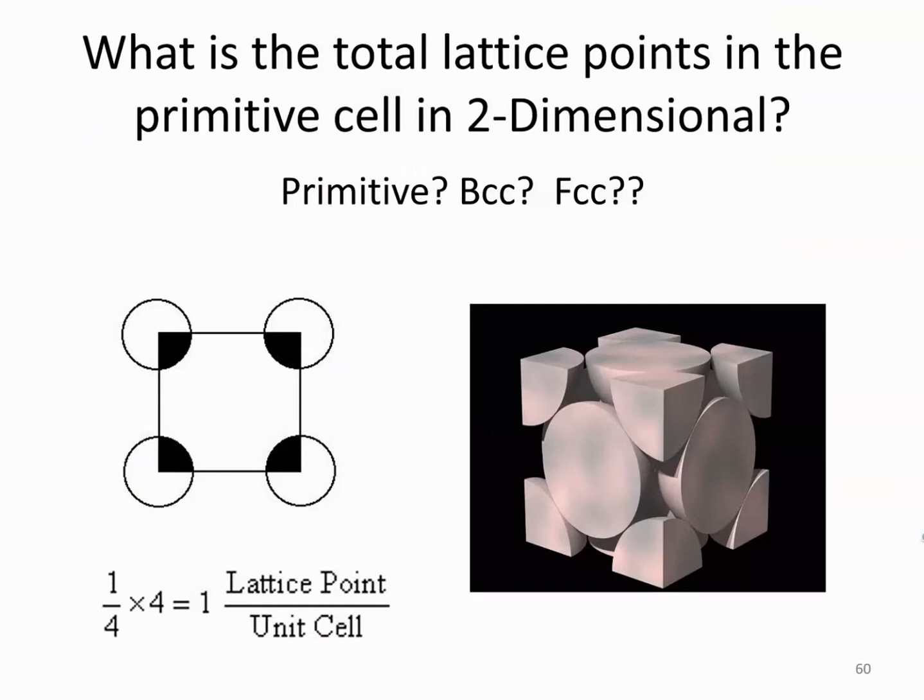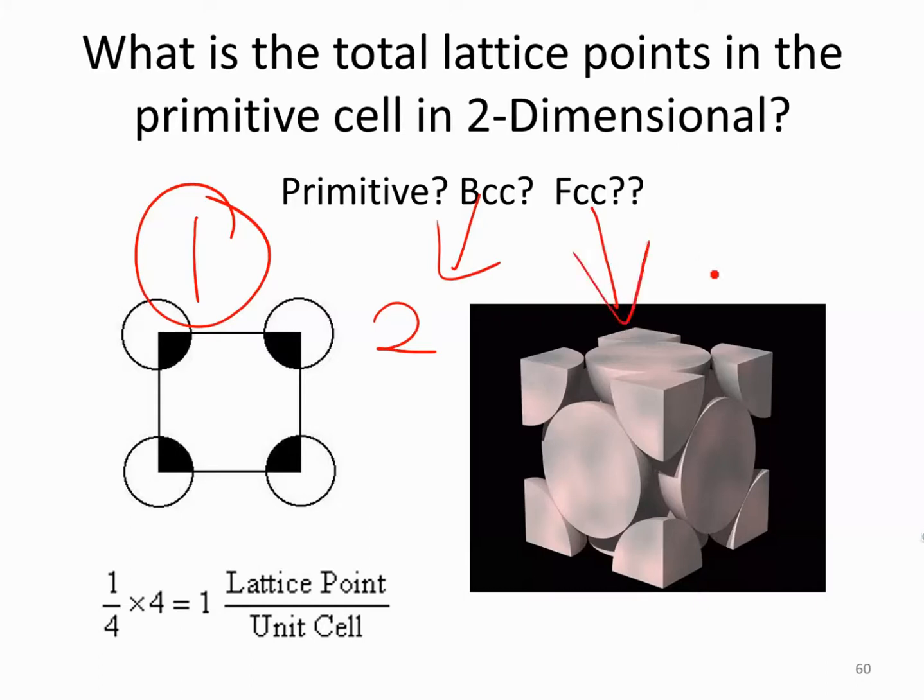Okay, so this is a short quiz. What is the total number of lattice points in the primitive cell in a two-dimensional cell? For the primitive, 1, BCC, 2, FCC, 3, right?